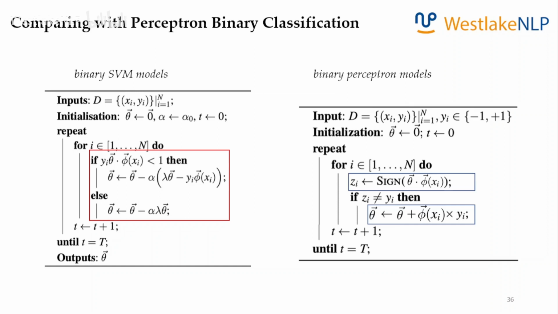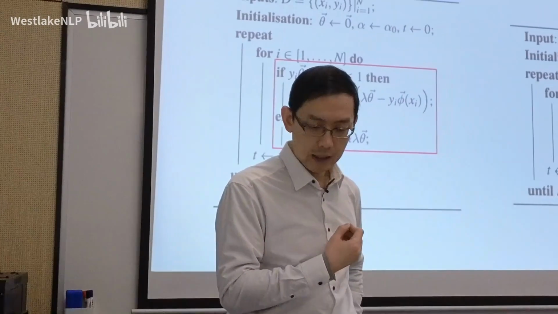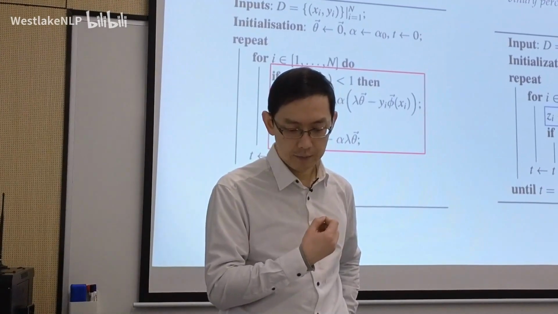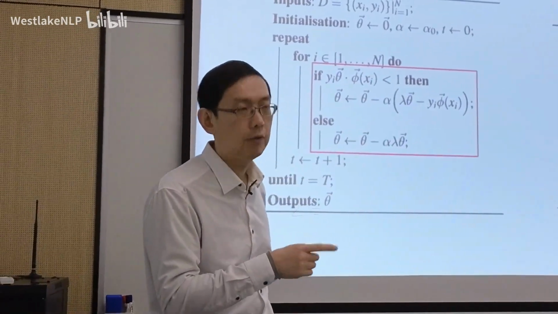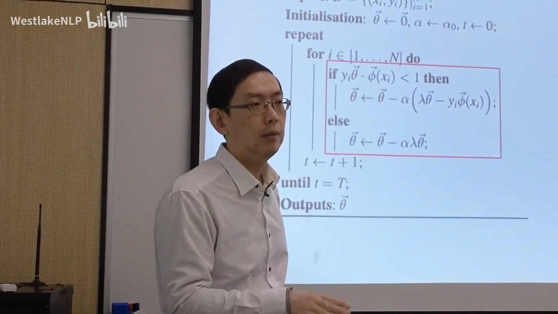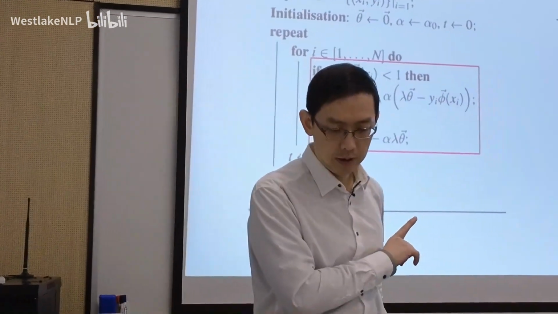SVM, right? It asks the score to be greater than 1 or smaller than negative 1. It has a safety margin. Perceptron doesn't have it. So perceptron is, again, a passive algorithm, but SVM is more active. So the update now is almost the same. You just update the model parameter using y times phi. Similar here.